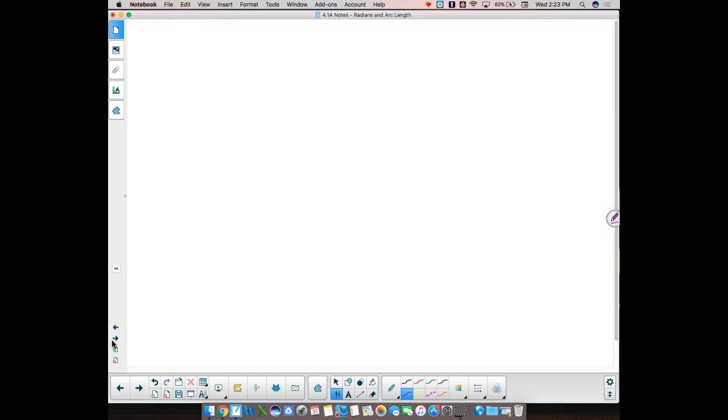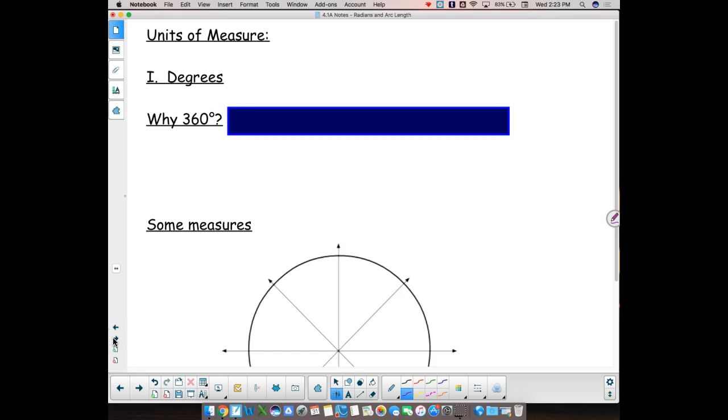One of the units of measure of an angle is something called a degree. Now, does anybody know how many degrees are in a complete revolution? 360 degrees to go all the way around a circle.